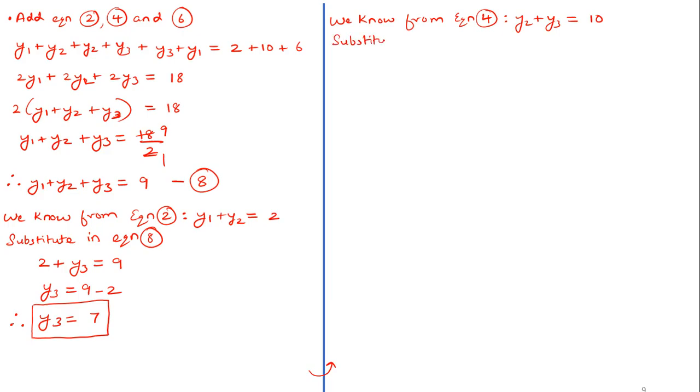So substitute in equation 8. So y2 plus y3 will become 10. So y1 plus 10 is equal to 9. So y1 is equal to 9 minus 10. So y1 is minus 1. Okay, so y1 value is what? It is minus 1.